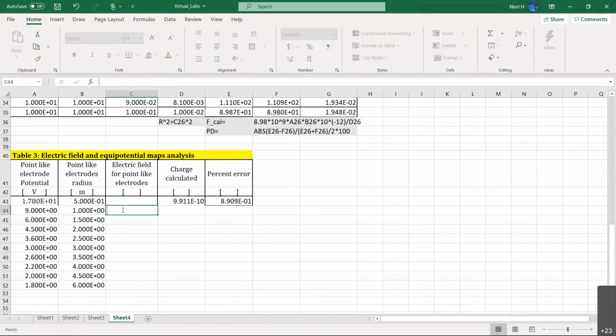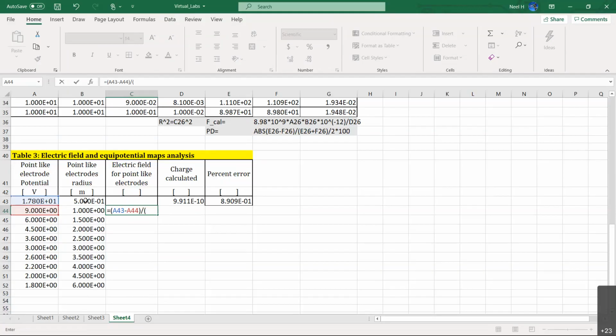Electric field is the difference between the potential values, which means first minus the second, close parentheses, divided by the difference between the separation of those equipotential lines.